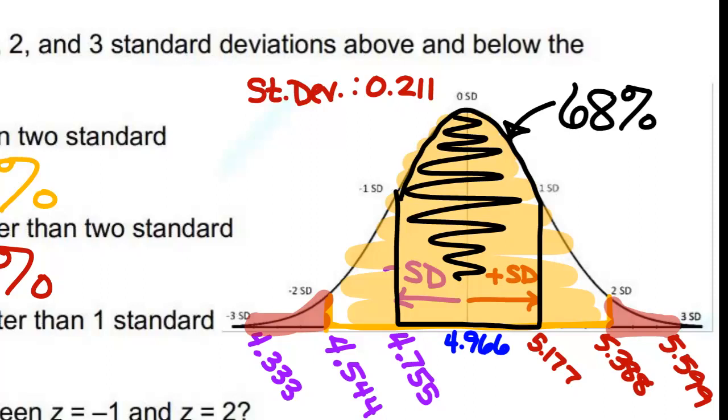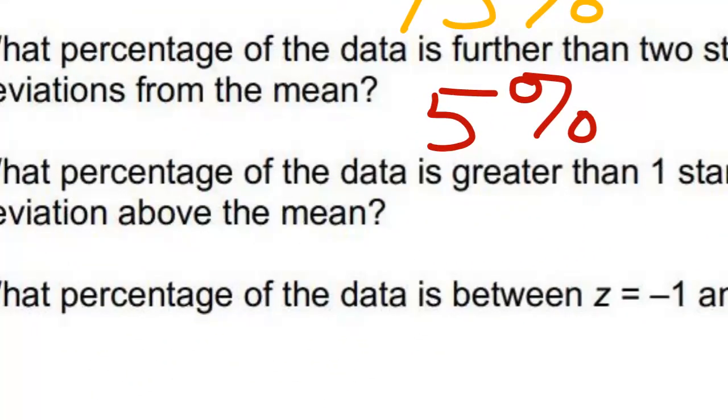What percentage of the data is greater than, so I'm only looking over here, what percent would fit in this tail over here? I'm going to outline that in green. What percent do you think would fit over here? What'd you say? 16%. Let's talk about how we got that.